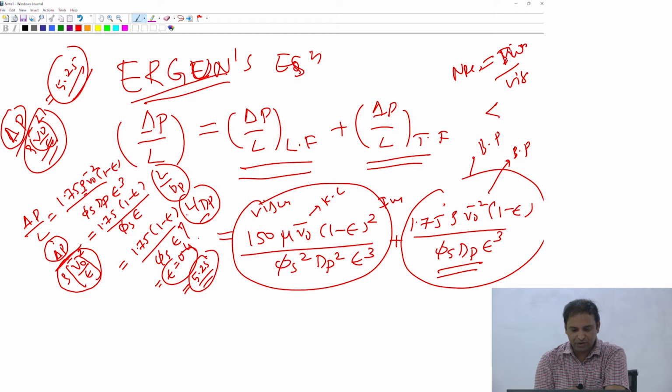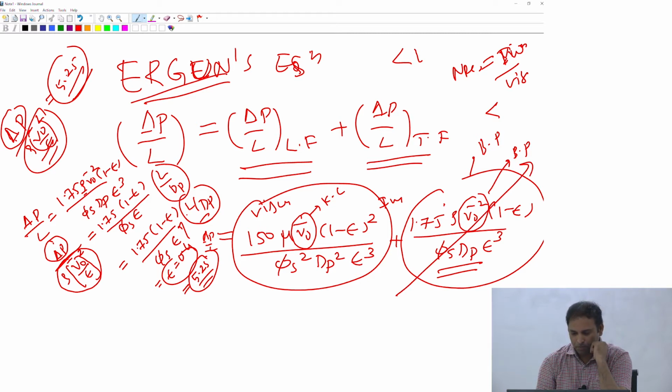If you look at this expression, your delta P by L goes linearly with the superficial velocity, and it goes as the square of the velocity in the turbulent case. But if you work with conditions where your Reynolds number is less than 1, I can actually neglect this, right.